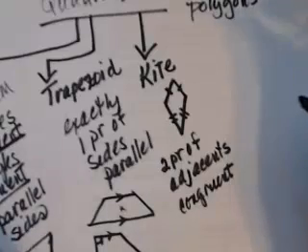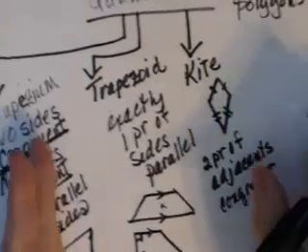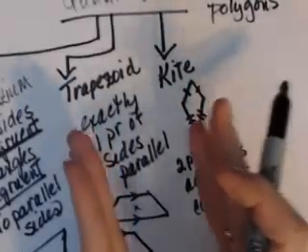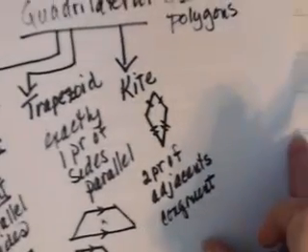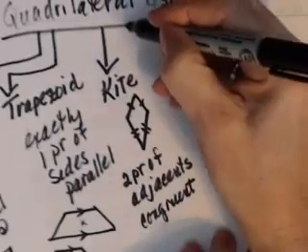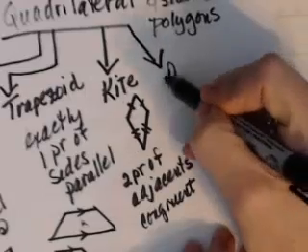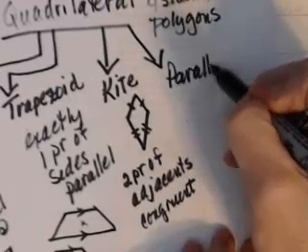Now the trapezium is rarely mentioned. The trapezoid and the kite we hit on fairly well. The kite maybe not as much as the trapezoid. And then we get to the family of parallelograms.